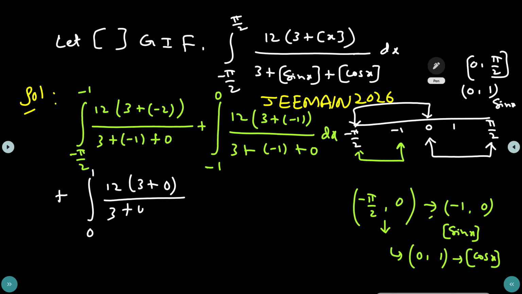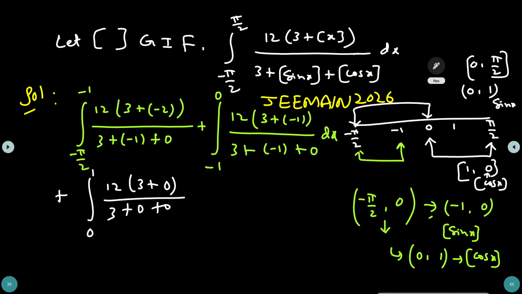Step sin x is 0 here. Similarly, for 0 to pi by 2, cos 0 is 1, cos pi by 2 is 0. But by applying step to cos x, choose only the small value. So step cos x here is 0. Okay, is it clear? Yes.